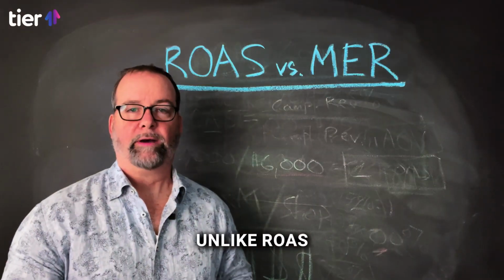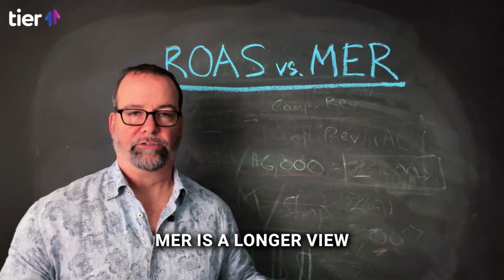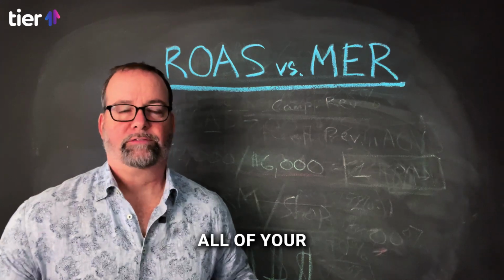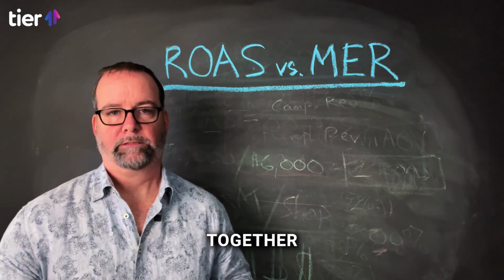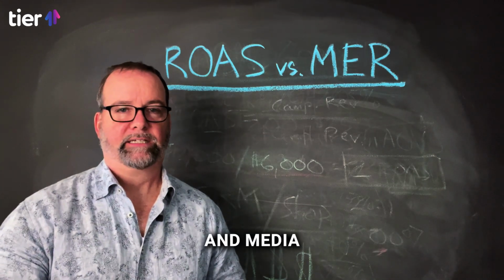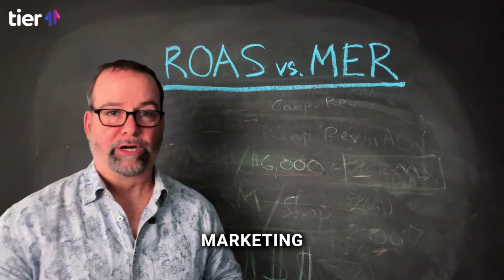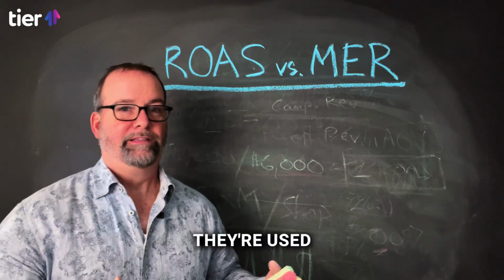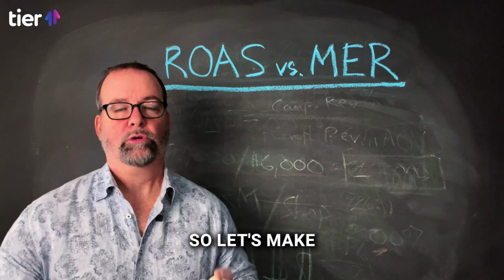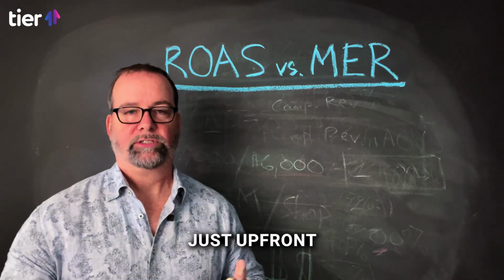All right, unlike ROAS, MER is a longer view. It's a broader view of how all of your marketing efforts are actually working together. And media efficiency ratio, marketing efficiency ratio, they're used interchangeably. So let's make that distinction just up front.